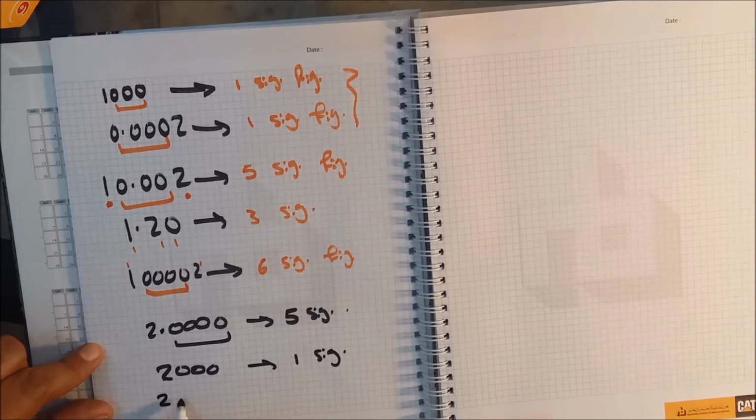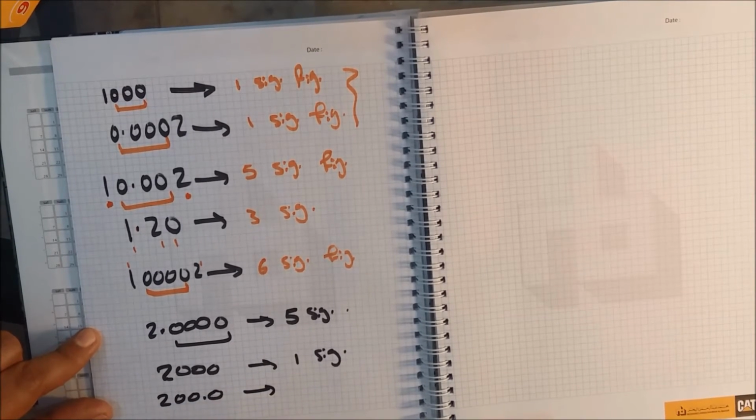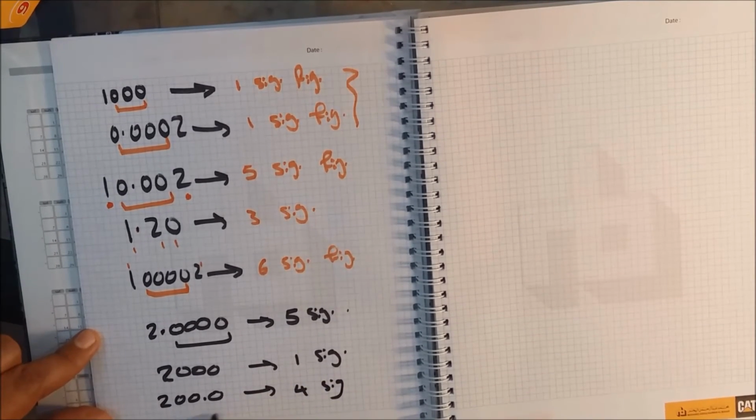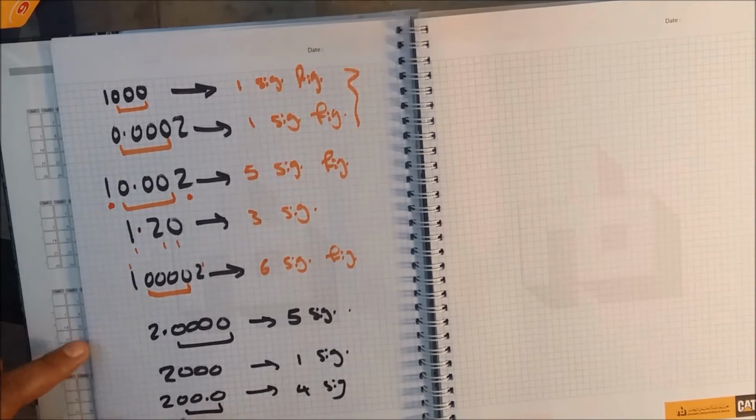What if I did that? 0, 0, 0. Exactly, the 1, 2, 3, 4 of them are significant because those are on the right side of the number, but there is a decimal point, so it gives it a VIP card, which means it's going to be significant. So those are the significant figures, and this is the rule of the significant figures.